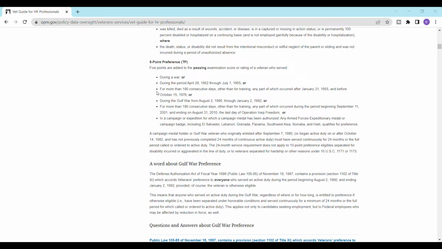On the two that show that it's 180 days consecutive where any part of it could have occurred within these date ranges, that means that even if one day were in that date range, you would be eligible.